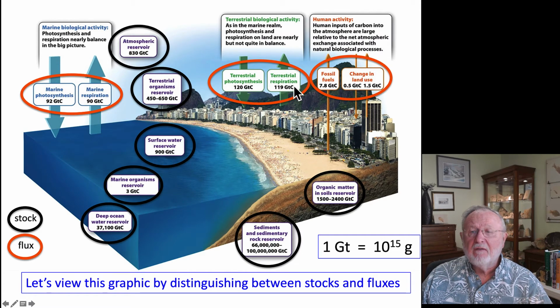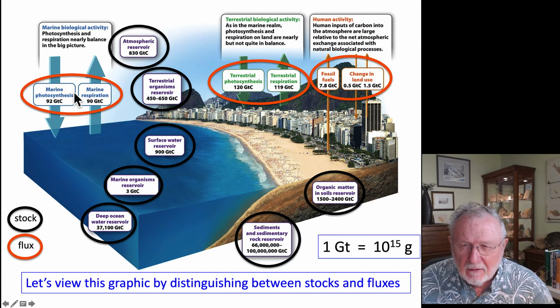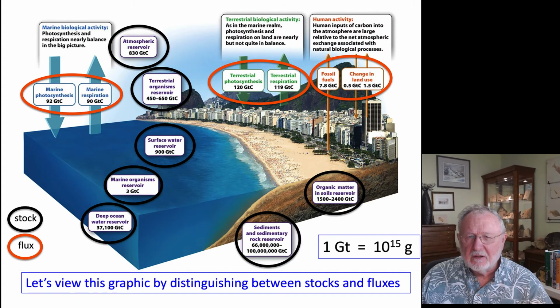So 5 of the 8 gigatons of carbon that we as humans emit every year fall out as photosynthesis. Thank you, plants, for subsidizing my activity. But the other 3 end up resulting in an increase in CO2 concentration. So that's a very quick way of looking at stocks and fluxes.